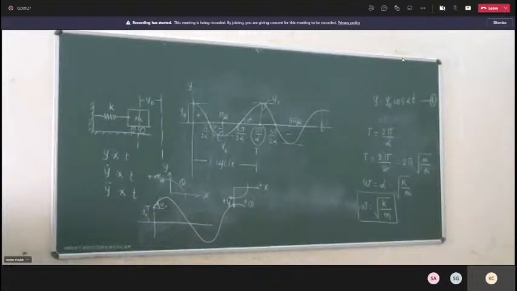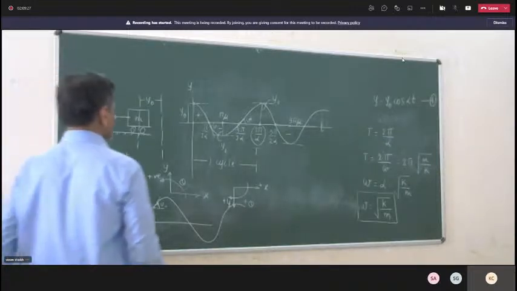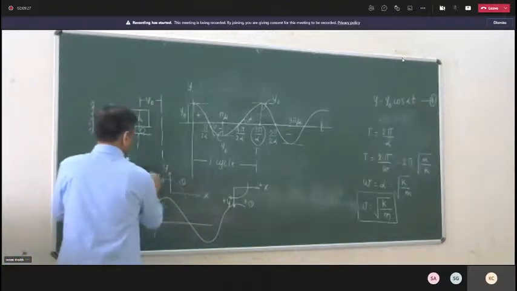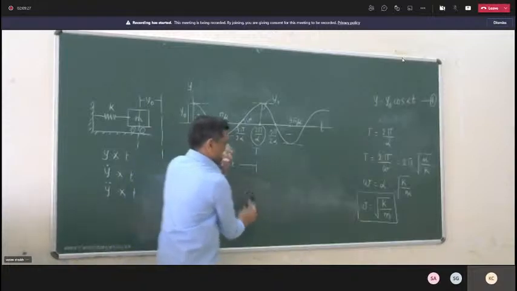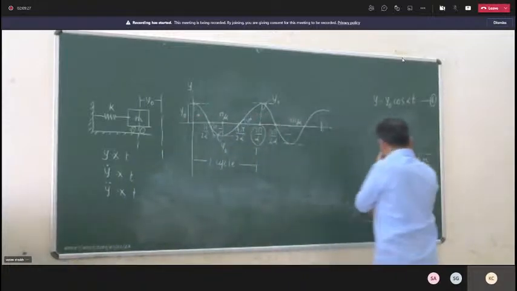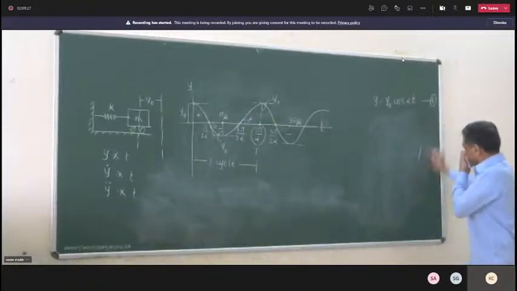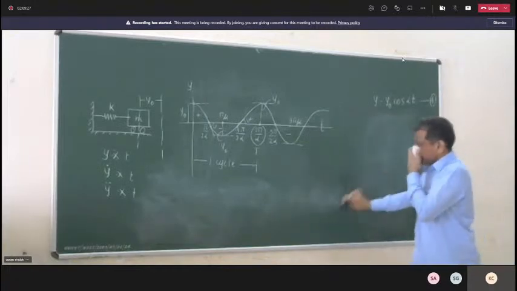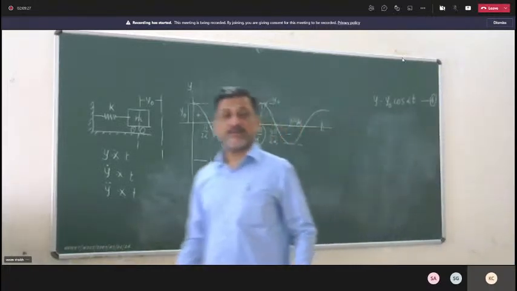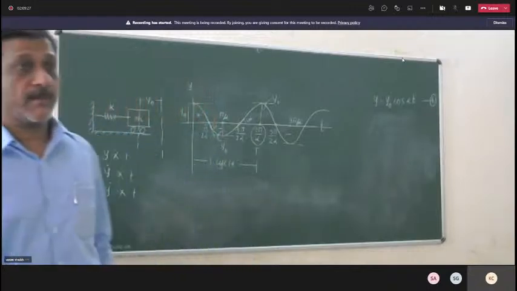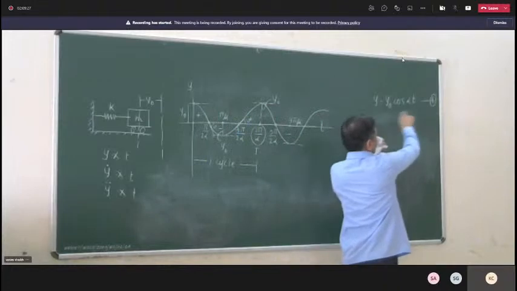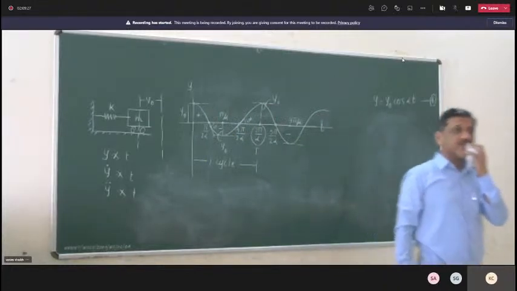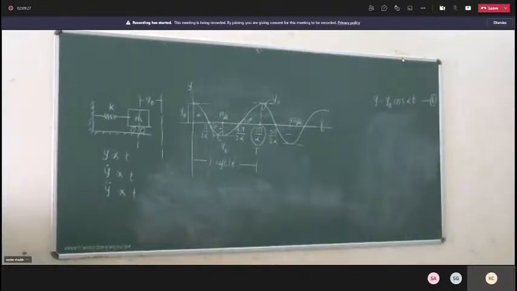Anyway, displacement versus time graph we have plotted. Next, we have to plot the velocity versus time graph. If I take the derivative of equation 4, I can get the equation of velocity. Why not?